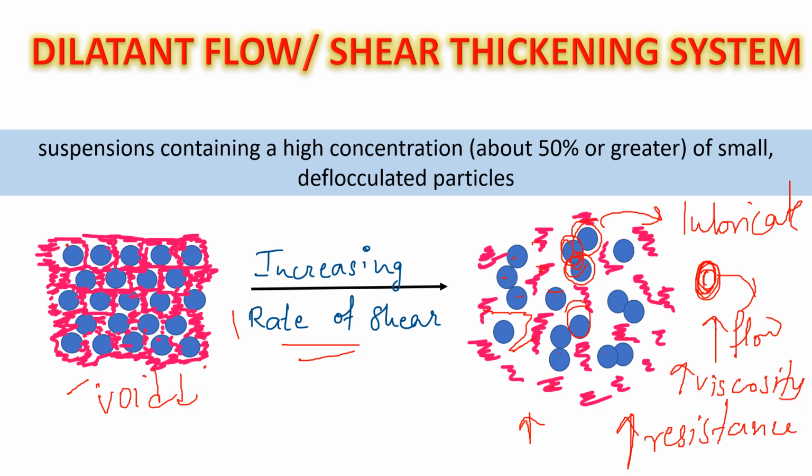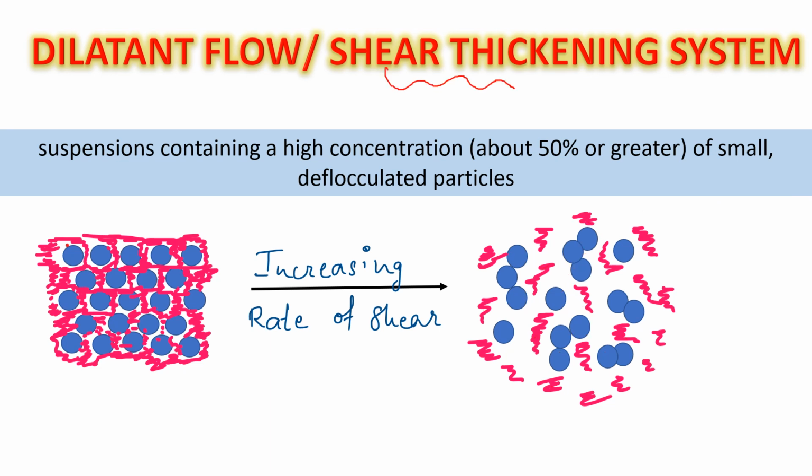But when you increase the shear rate, some things happen because of which its viscosity increases. When you apply shearing stress, the particles will dilate. That is why the term is dilatant: they expand, they dilate. And that is why they form this type of packing in which the void volume becomes more, the vehicle is insufficient to lubricate it, and the resistance to flow increases, further increasing the viscosity. That is why we say that it's a shear thickening system.